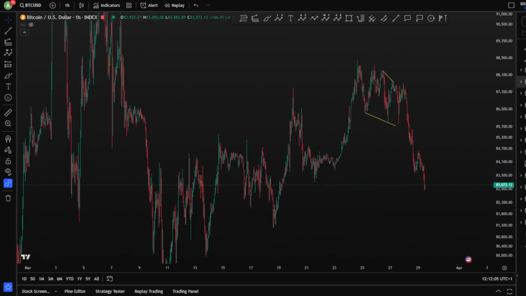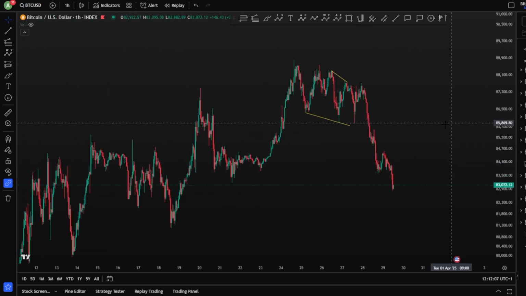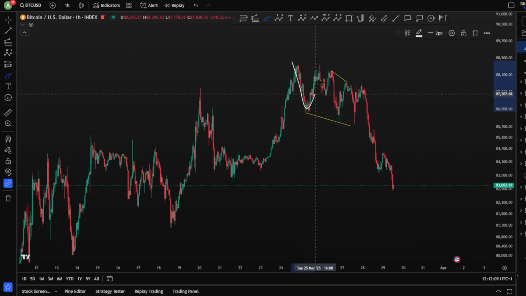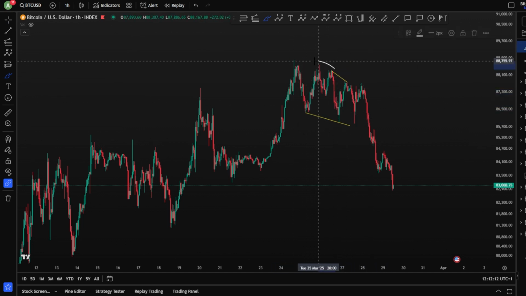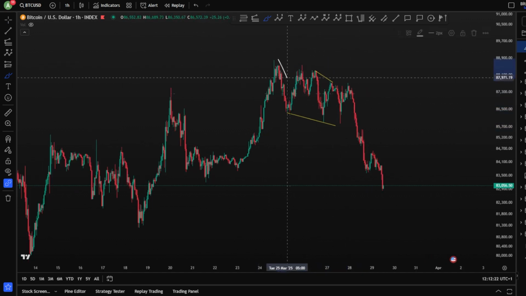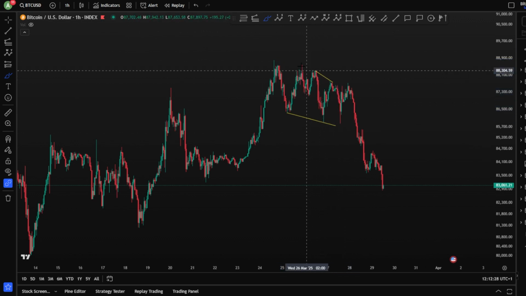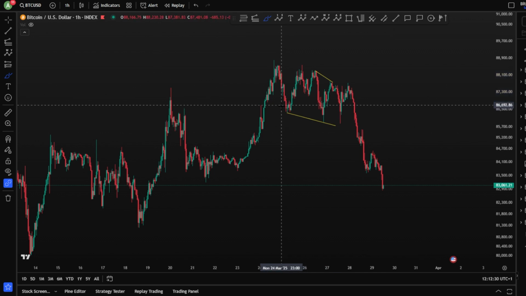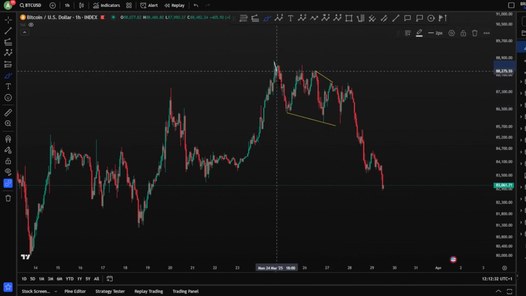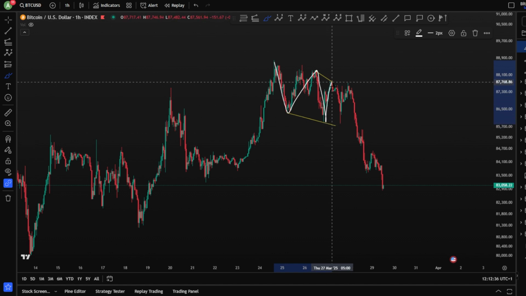We have no other choice, guys. This is a problem. If you take it as 1, 2, 1, 2, that's totally wrong against Elliott wave. If you take it as 1, 2 here, 3, 4, and a 5, that is also an invalidation, because a wave 3 longer than wave 1 is not allowed. The only way you can take this as a motive wave is 1, 2, 3, and a 5.